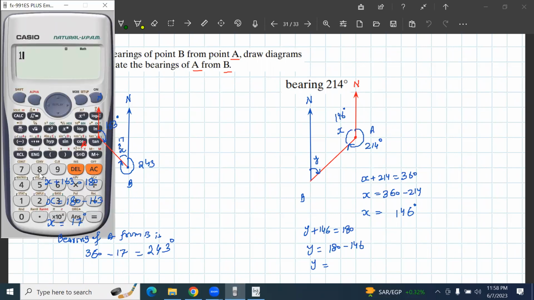That gives us 34, but don't write 34 only. You can write 034. This is the bearing. I hope you understand.